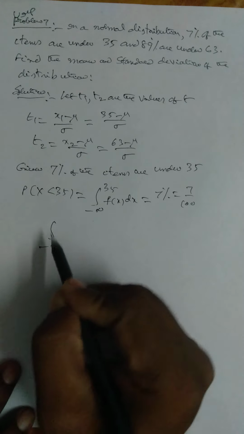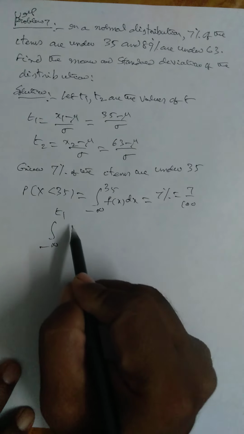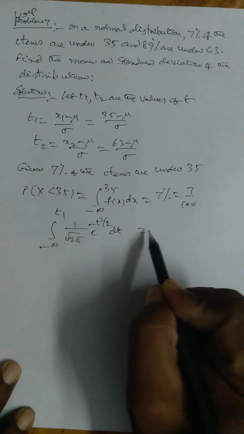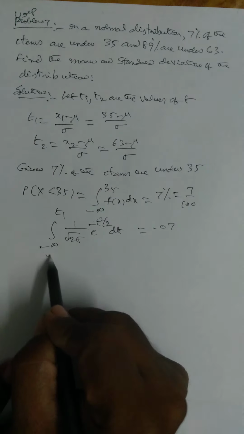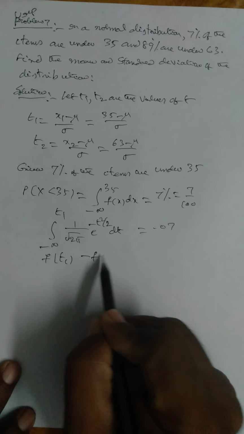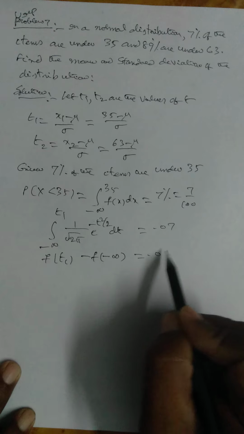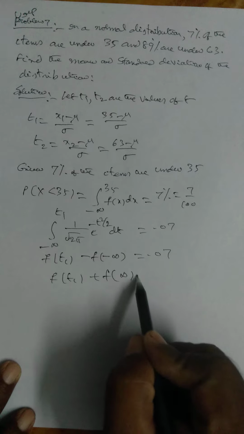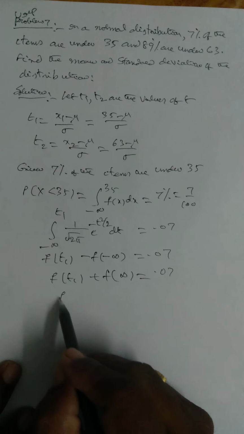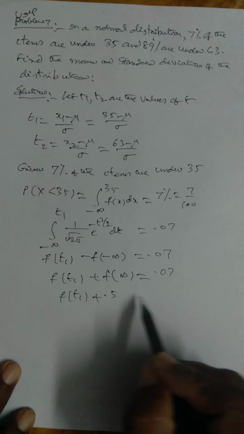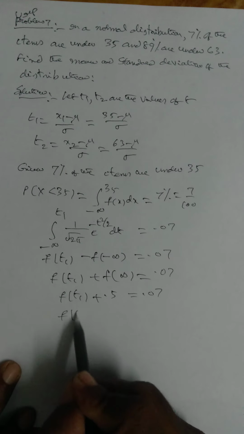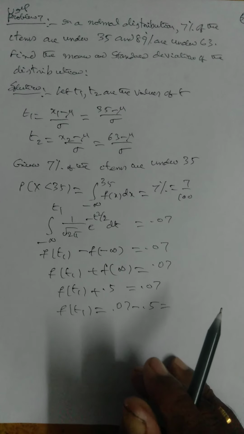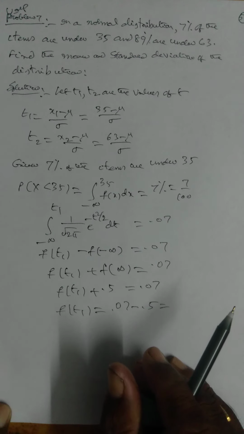So the integral from minus infinity to t1 of 1 by root 2 pi e power minus t square by 2 dt is equal to 0.07. F of t1 minus f of minus infinity is 0.07. F of t1 plus 0.5 is equal to 0.07. F of t1 is equal to 0.07 minus 0.5.